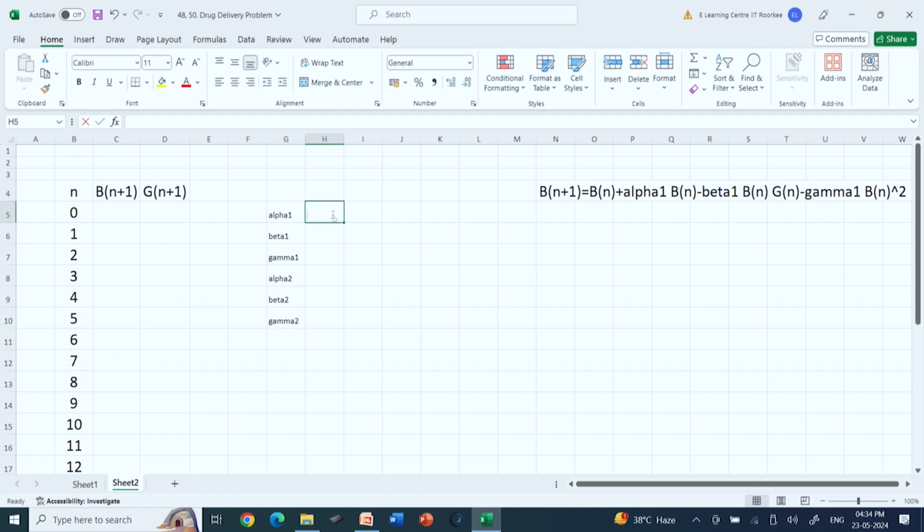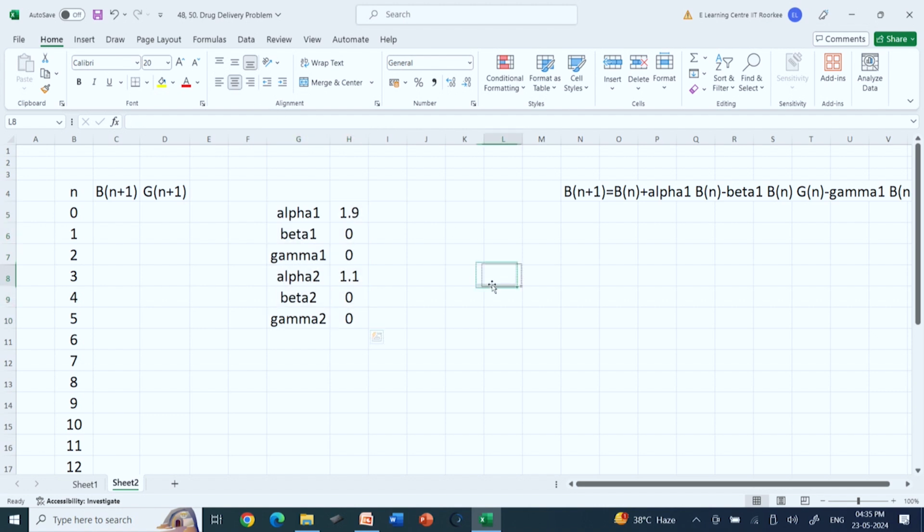So, alpha 1 is 1.9, beta 1 is 0.0003, gamma 1 is 0.003, alpha 2 is 1.1, beta 2 is 0.0001, and gamma 2 is 0.001. I highlight them a little and change the font so that it is easy to see, and put them in the middle.